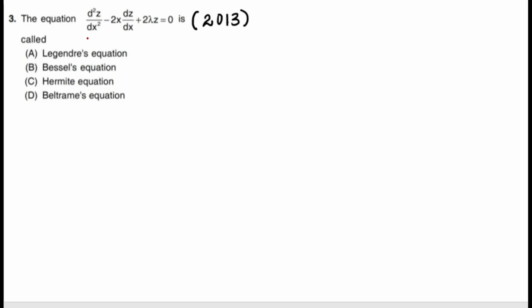So if I look at this equation, the general equation I can write as d square y divided by dx square minus 2 times x dy divided by dx plus 2 times n into y, which is equal to 0. So this is the particular equation for the Hermite equation.